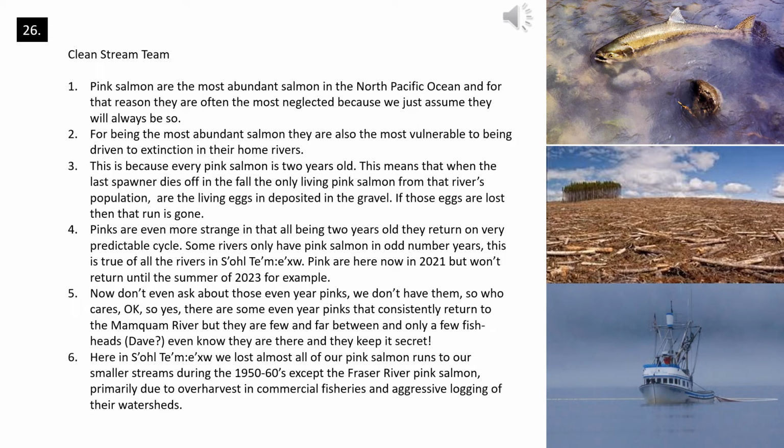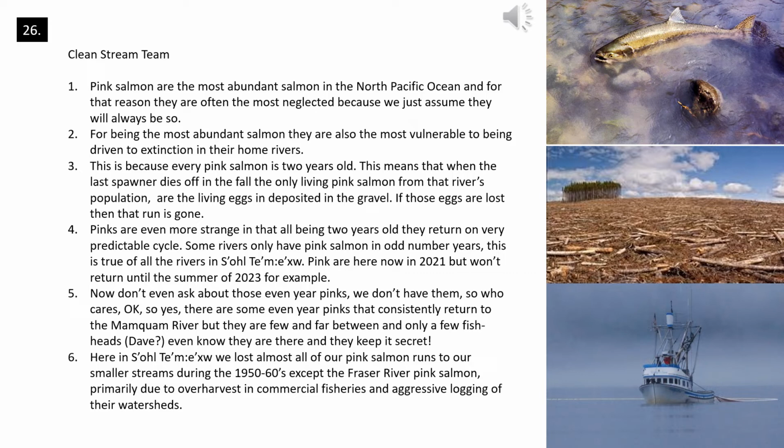When you see a pink salmon in the fall and it dies off, there's no more adult pink salmon left in the world from that population. They're all eggs deposited in the gravel. And if you get a big flood and those eggs are lost, then that run is gone. Now this is rather strange in my world. It seems like a rather odd strategy in such an unstable landscape that they exist in.